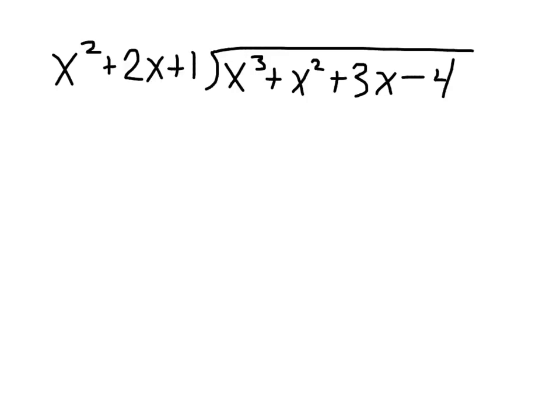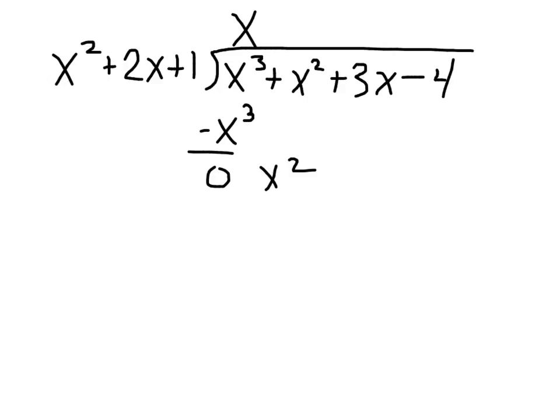What times x squared gives me x to the third? X. Now, yesterday, one of your colleagues that's in this Algebra 2 class did this and asked me if this was right. They said x was the first one, and they were correct. Then they put x to the third, and they subtracted it, and then they started going with the next one.